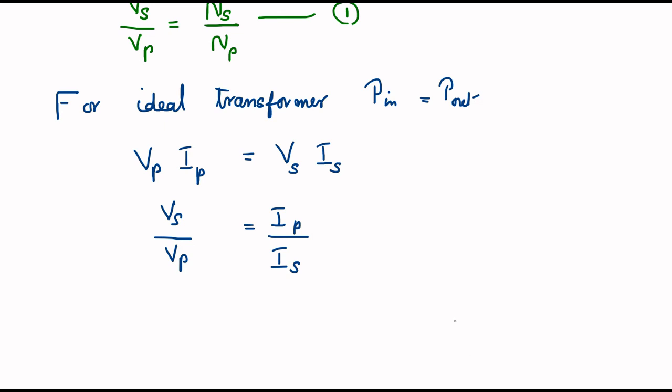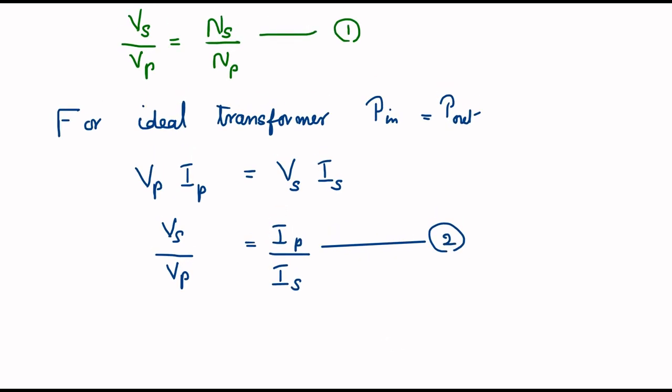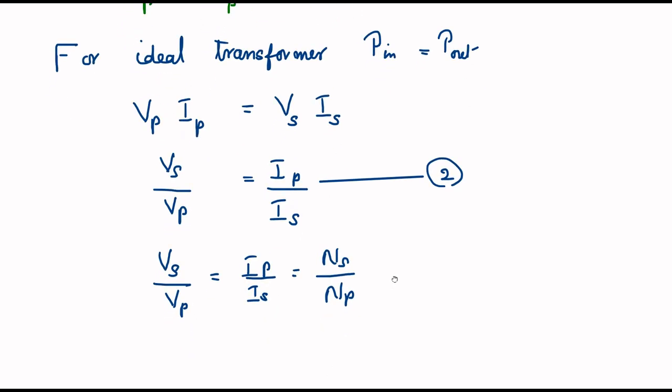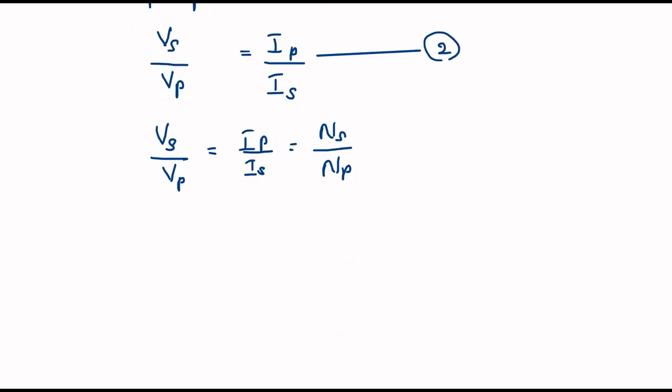Let us call this equation number 2. Now look at equations 1 and 2. From this it is clear that Vs by Vp is equal to Ip by Is, which is equal to Ns by Np. This Ns by Np is called the transformer ratio.